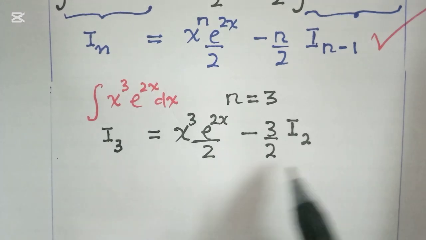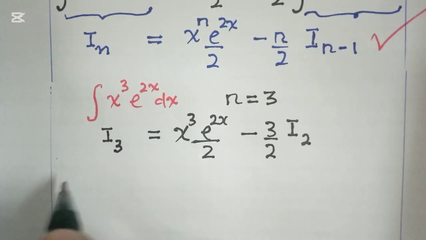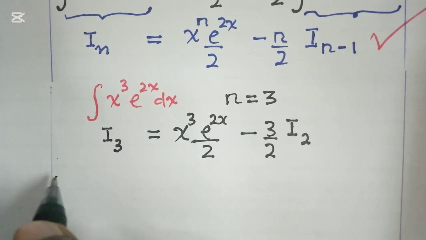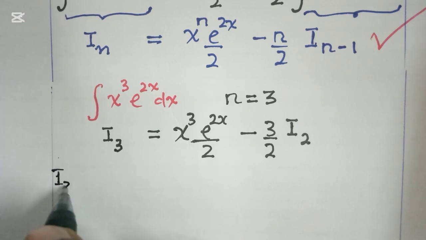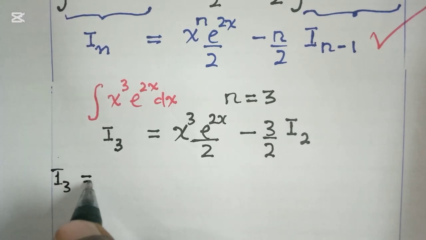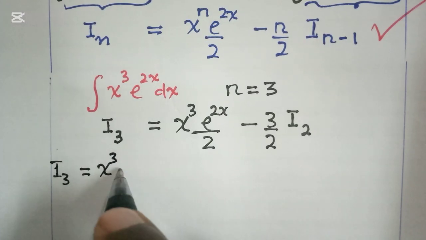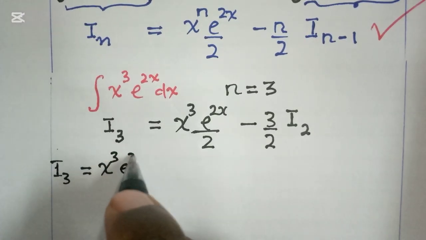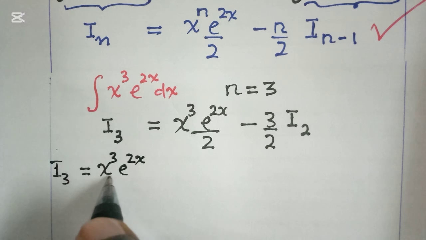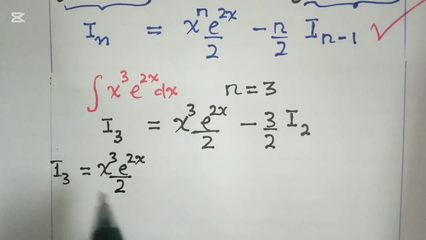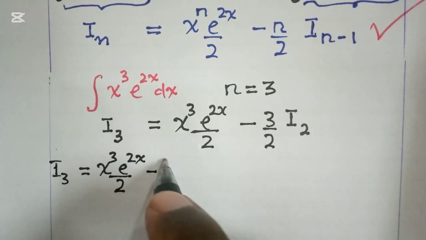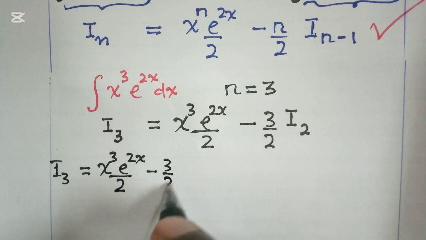So we shall bring the equation here. Let me write it here. I come and write I3 is equals to x raised to 3, like that, e raised to 2x all over 2 minus 3 all over 2.